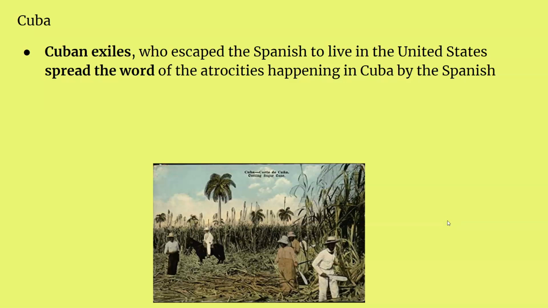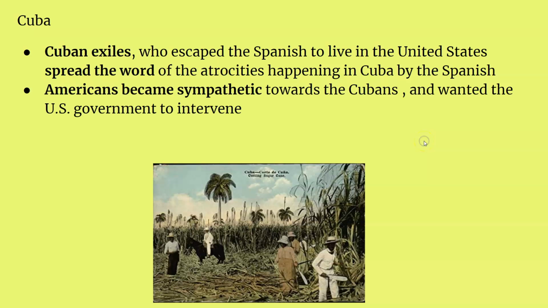So these Cuban exiles were able to escape the Spanish before they went into concentration camps. They were kicked out of Cuba before they were going to be in the camps, but they made it to the United States. And they told the story of what was happening in Cuba, and the Americans became very sympathetic towards the Cubans and wanted the U.S. government to intervene.